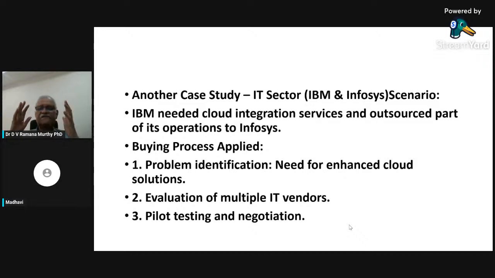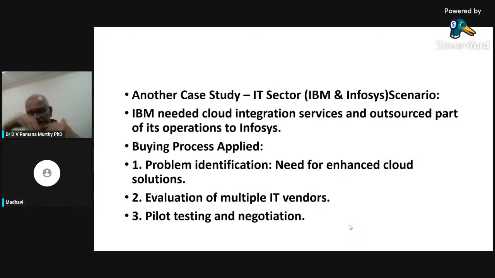If you can't have the principal function handled by you, you can outsource it at an advantage. So that's what we call outsourcing. You know that. With everything you can't do on your own, that's a problem. So in this case, IBM wanted to outsource a part of its operations to Infosys.